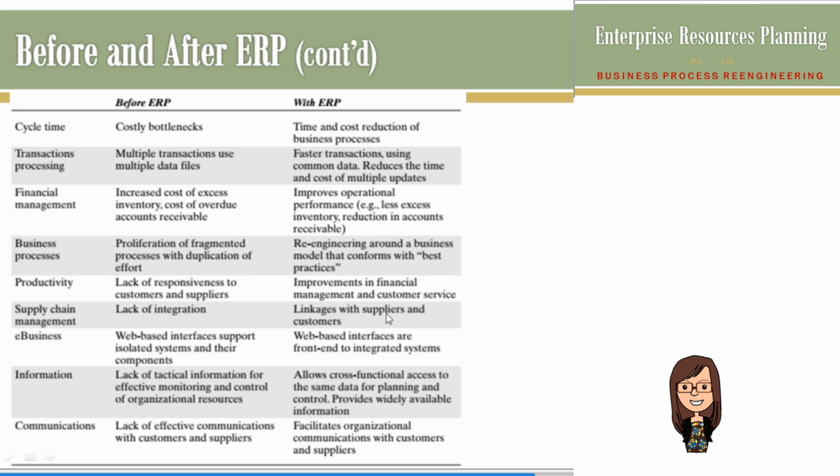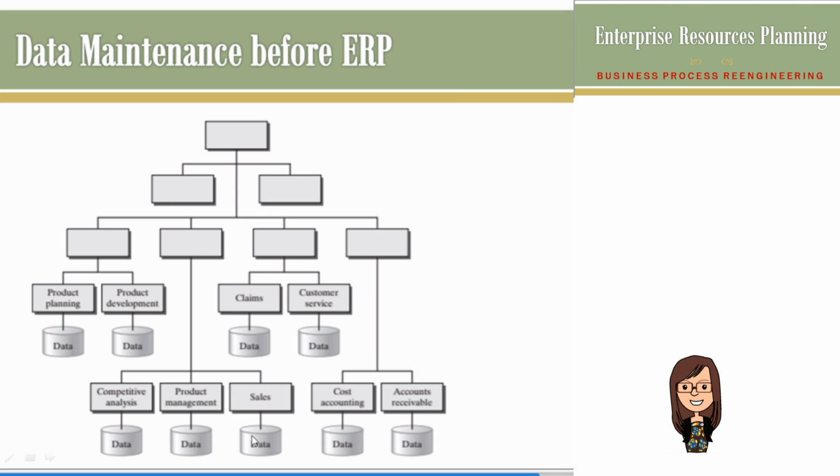Okay, and then in terms of information and communication, of course it becomes more efficient, because all the data is already stored in one place. Okay, so this is an example of data maintenance before we use the ERP. You can see here that the data is maintained for each department or each functional area.